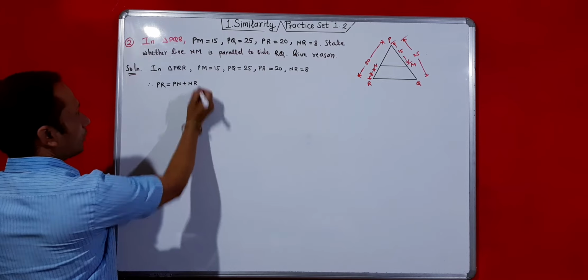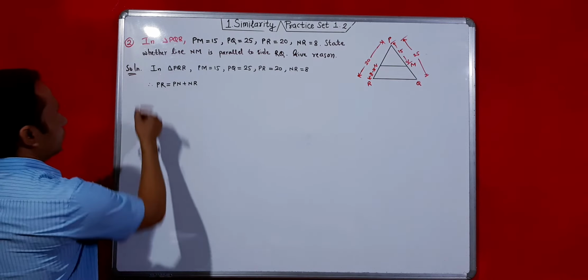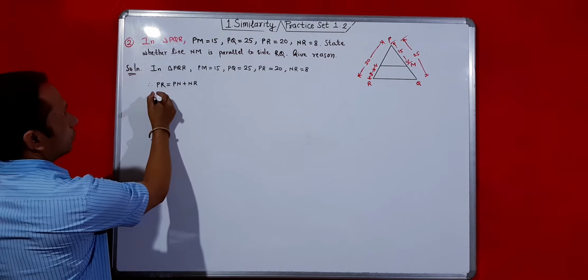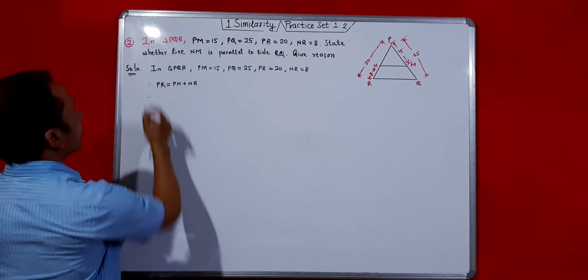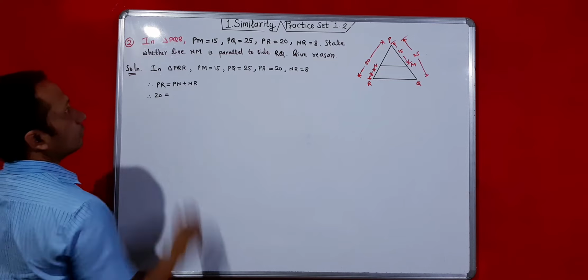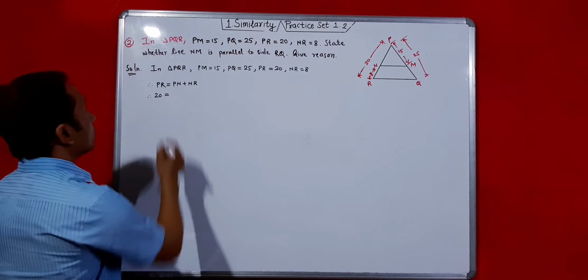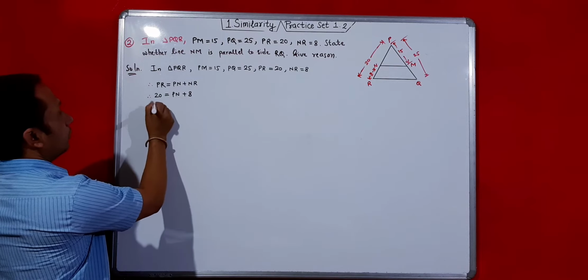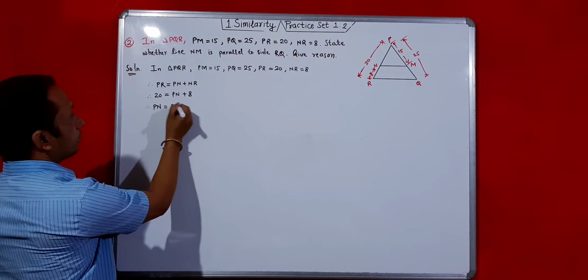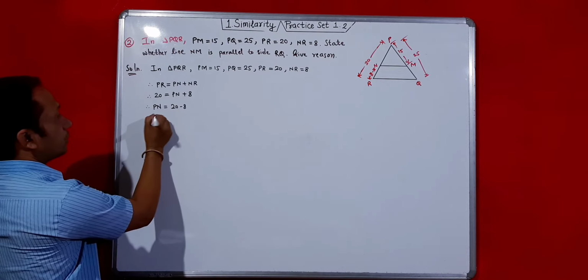We have to find the remaining measures. PR is 20, NR is given as 8, so we have to find PN. PN is equal to 20 minus 8, so PN is equal to 12.